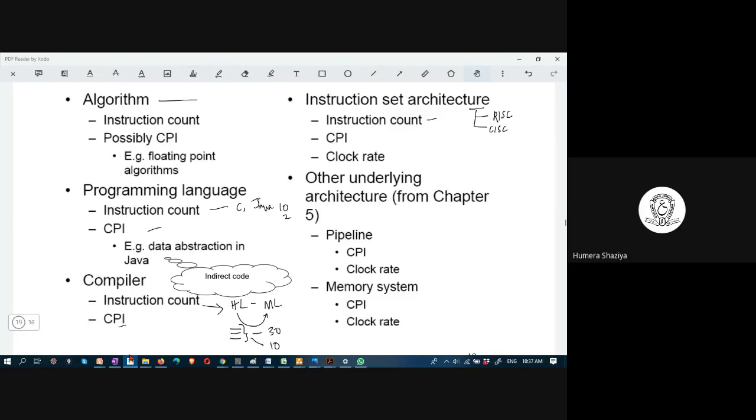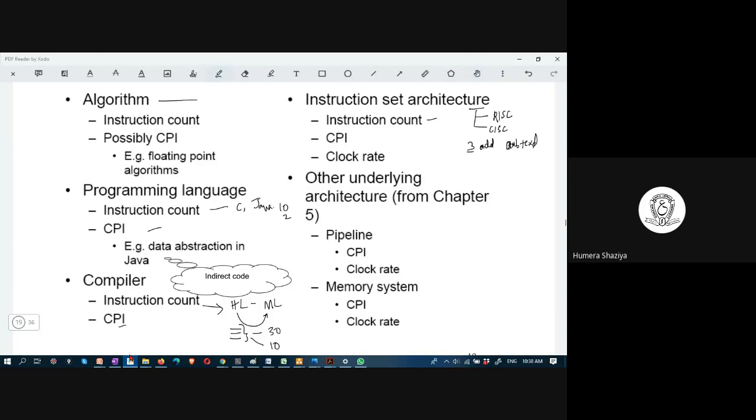Instruction count, again here, would be generated based on the architecture. For instance, if the architecture has support for more instructions, you may require fewer instructions. If you have a three address instruction set, you can perform the operation 3 A into A into B plus C into D in just 3 lines of code.